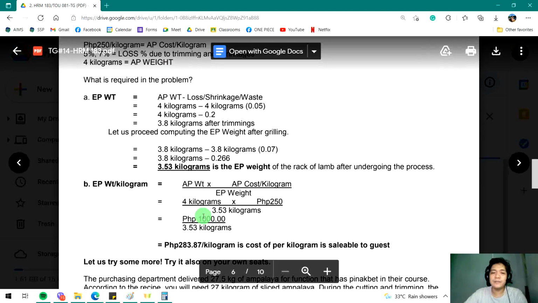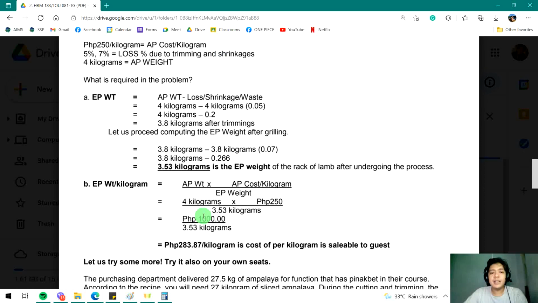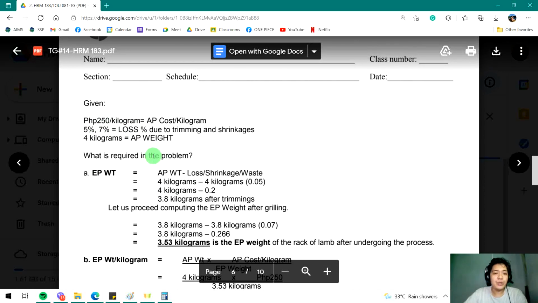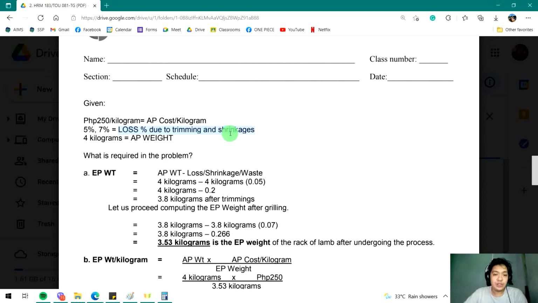Or siguro, subukan natin gamitin tong given na to, pero aalamin natin yung loss or kung gaano kalaki yung nawawala sa atin. Ang given sa atin kasi syempre pag tayo as business owners, ang process ng pag-iisip natin diyan is we will try to look for a standardized recipe.